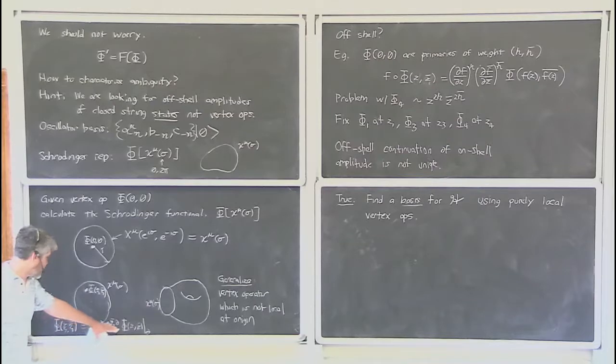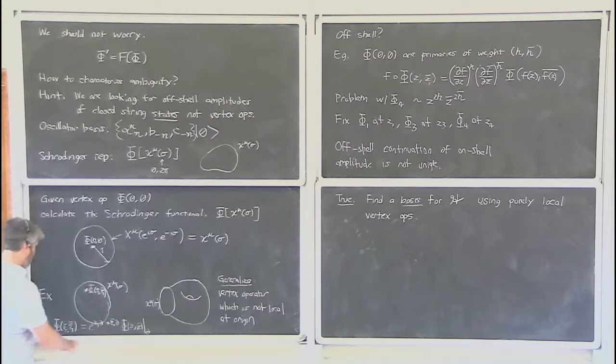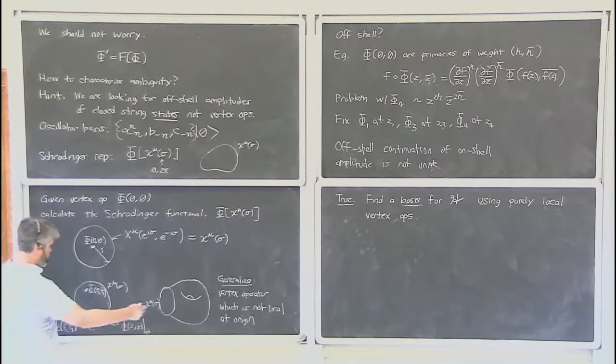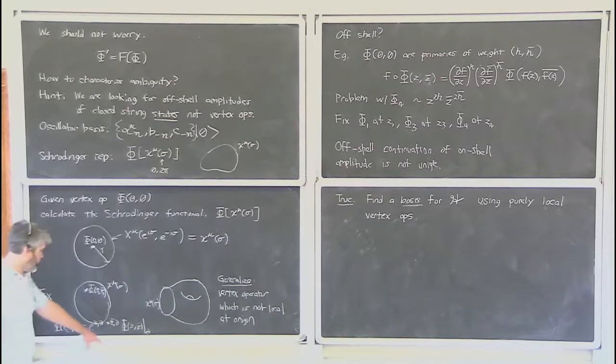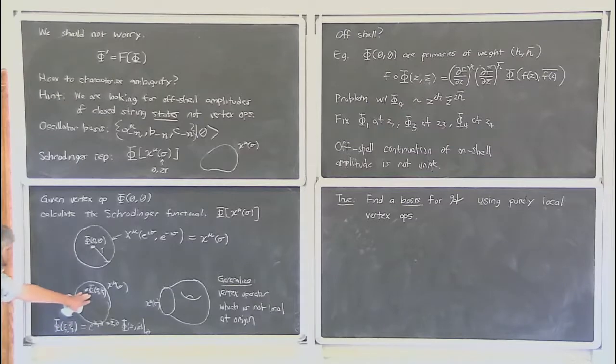Now, if you expand this exponential operator in a power series in the derivatives, then the first term will be, of course, phi inserted at the origin, and the second will be some derivative of phi, and so on. So you could see that this state will be some infinite sum of local vertex operators, but it itself is not a local vertex operator at the origin.